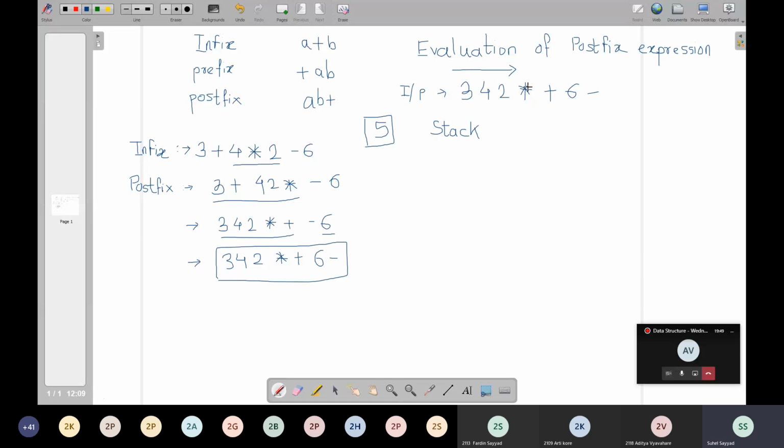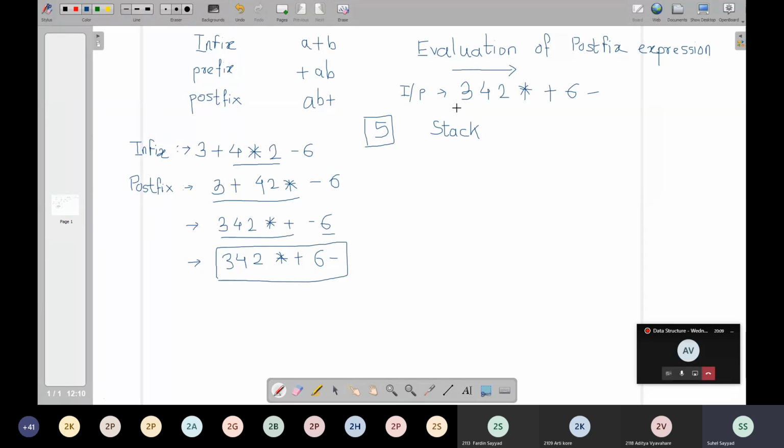One possibility is that you encounter an operand. Operand means here these are your numbers, right? So 3, 4, 2, 6, these are your operands. And what is the second possibility?